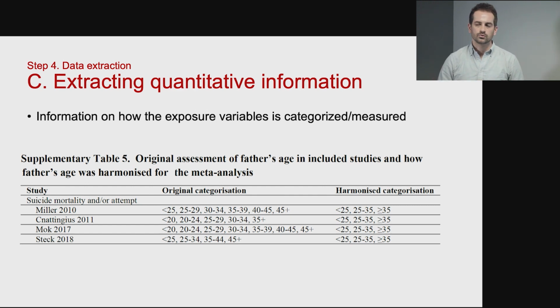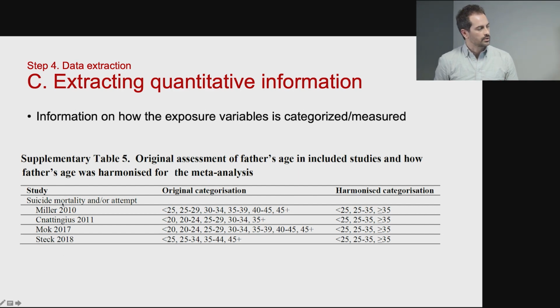When you want to do a meta-analysis, you want to make sure that the information you are merging makes sense, because meta-analysis is good and gives you good final estimates, but if the initial data you merge are not good, it's garbage in, garbage out. So you want to make sure that everything is measured and defined in the same way. We publish all our decisions about that in the appendix of the paper.